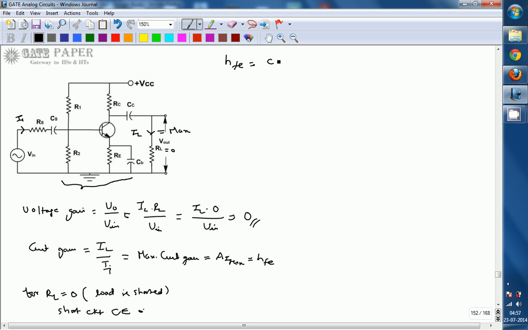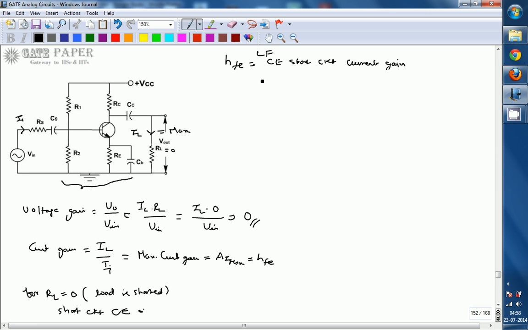HFE is the common emitter short circuit current gain, that too at low frequencies. You can also write it as the low frequency short circuit common emitter current gain.